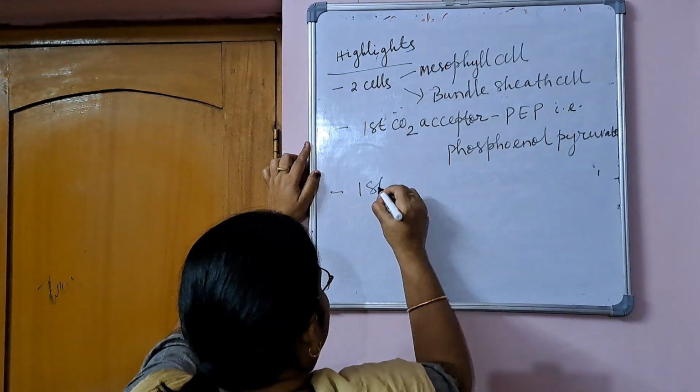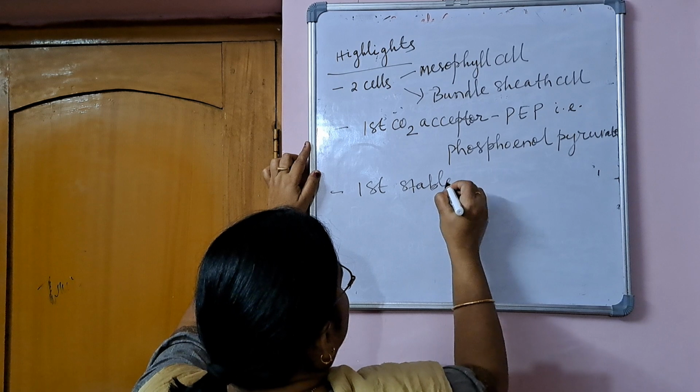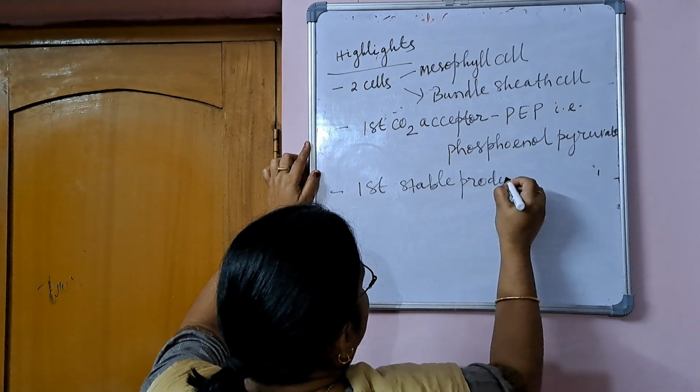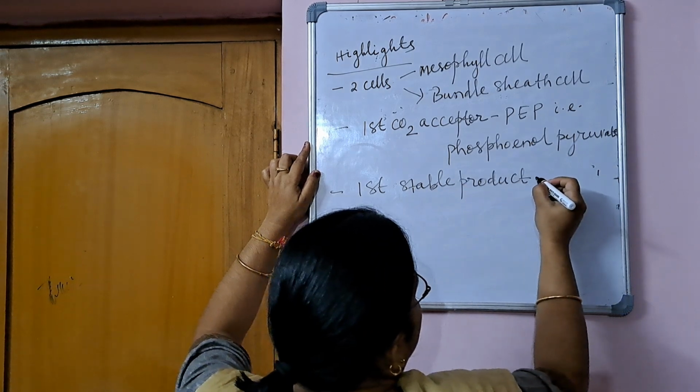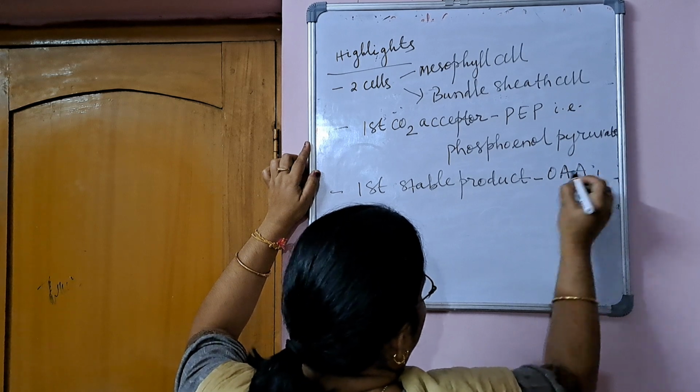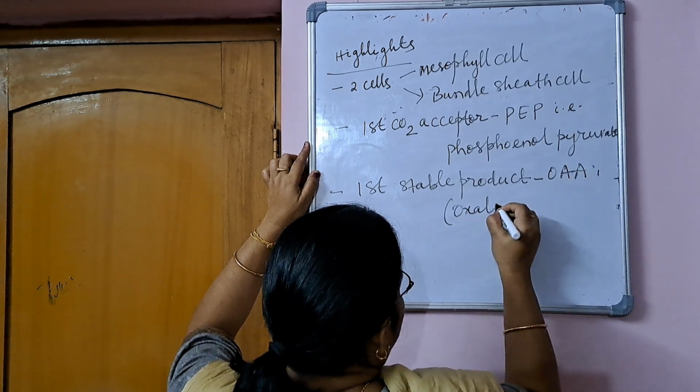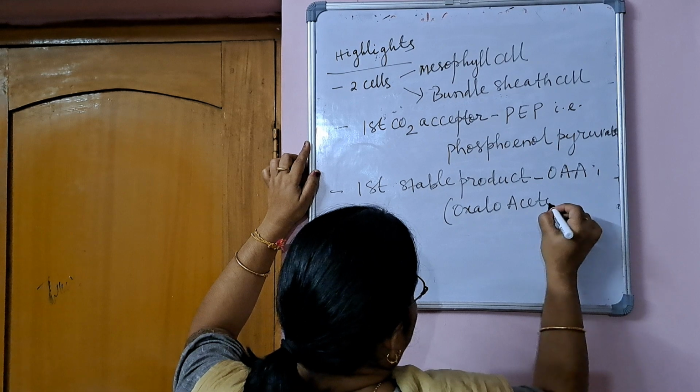Then the first stable product is OAA, that is oxaloacetic acid.